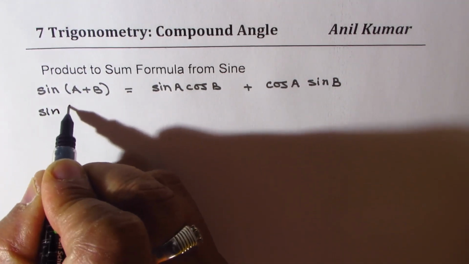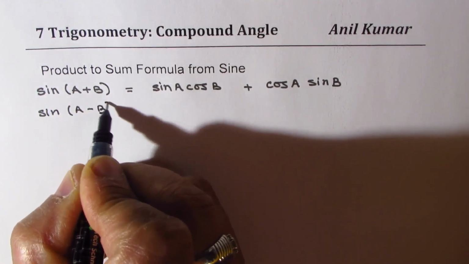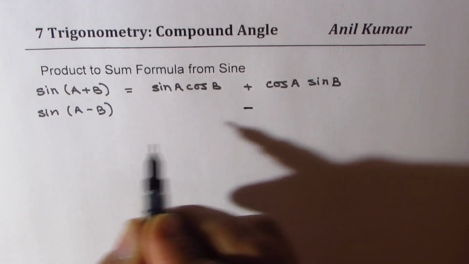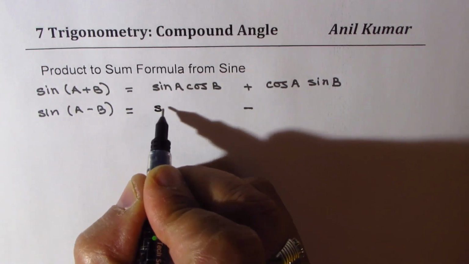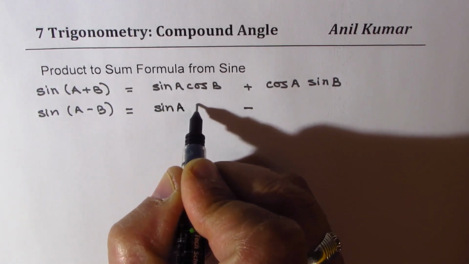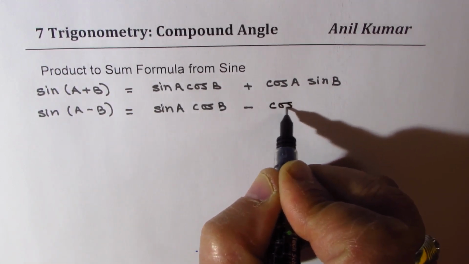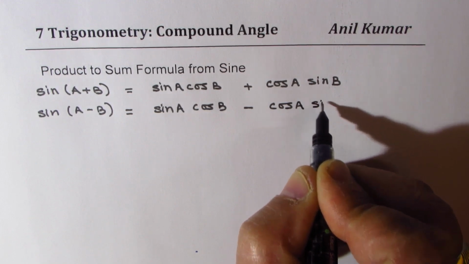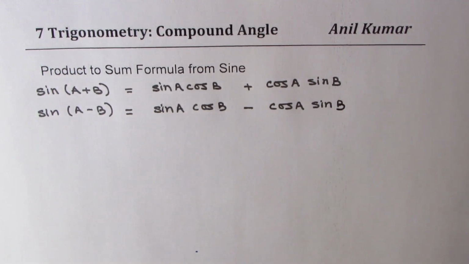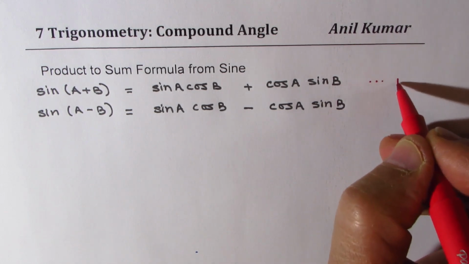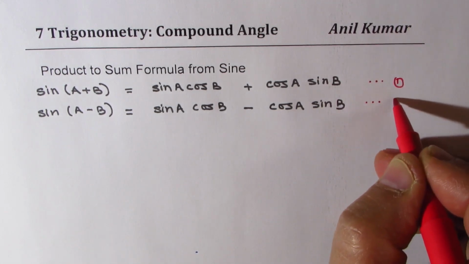For sine a minus b, this sign changes, rest remains same. So we have sine a cos b minus cos a sine b, correct? So let me call this as our equation number 1 and equation number 2.